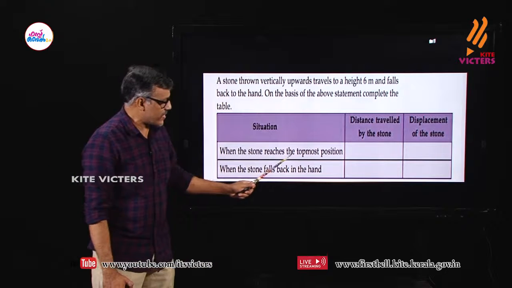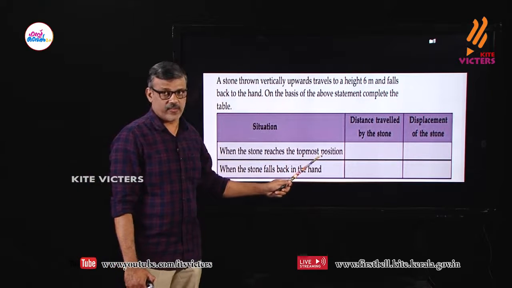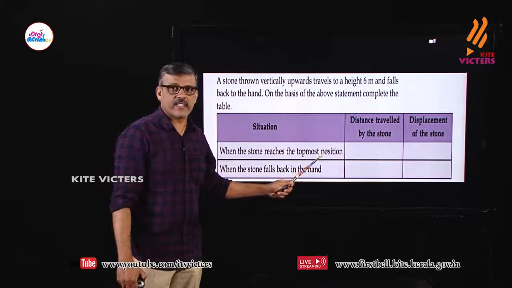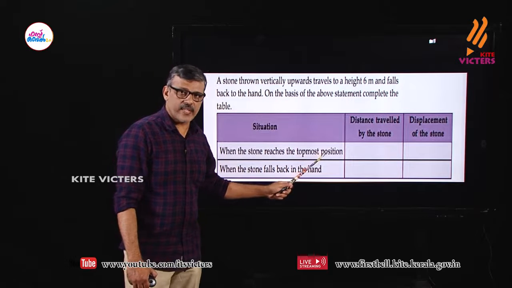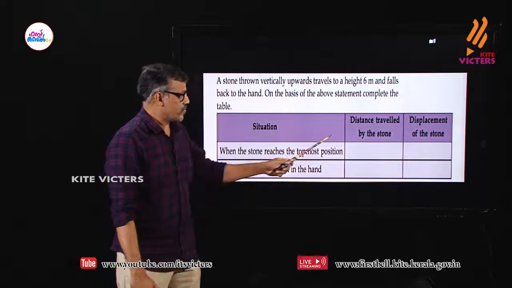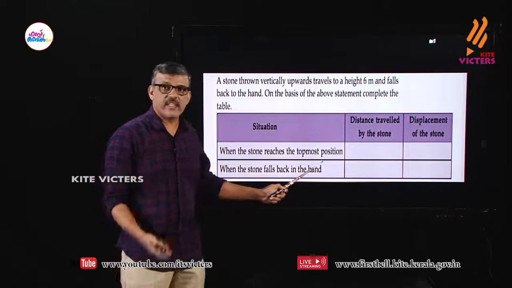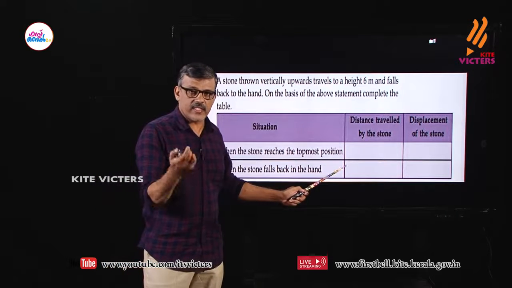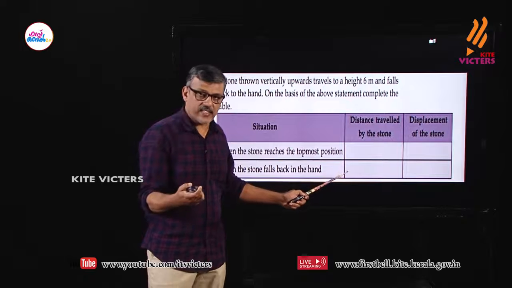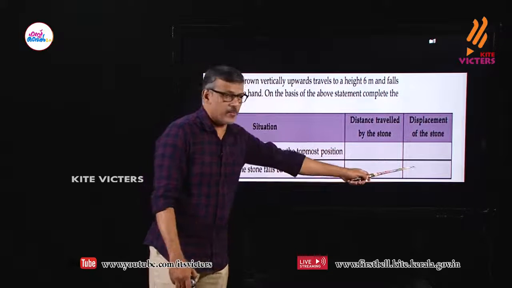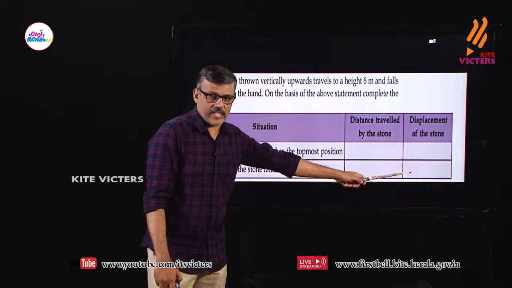When the stone reaches the topmost position, the distance travelled by the stone is 6 meter. When the stone falls back in the hand, the distance travelled is again 6 meter and the displacement is 6 meter, right.